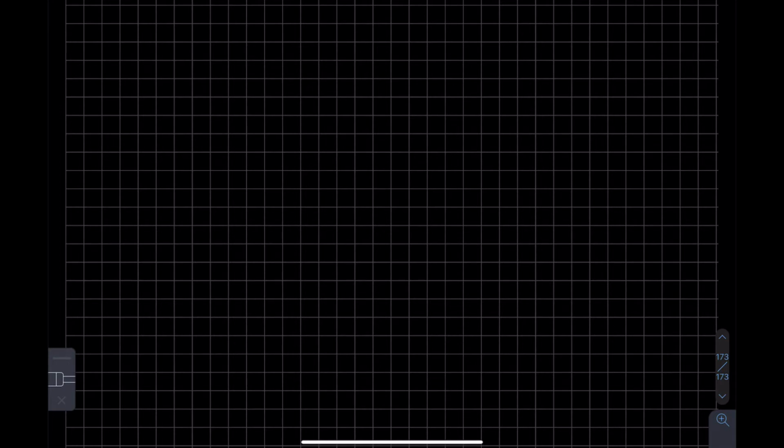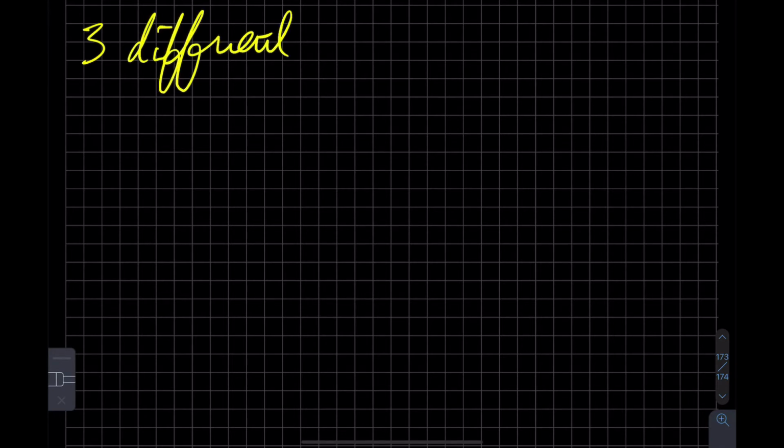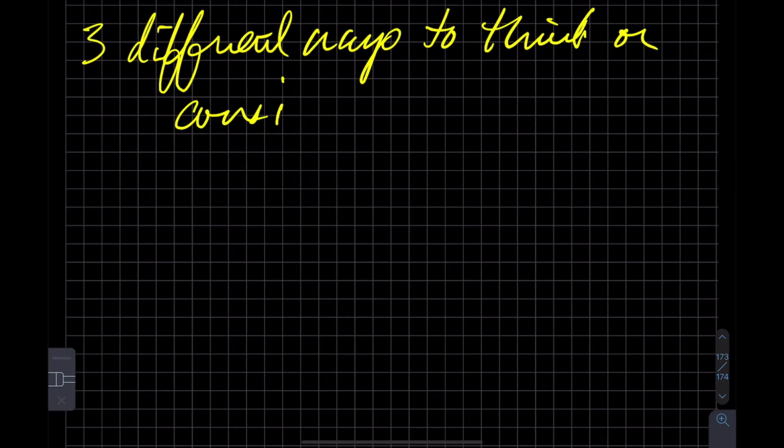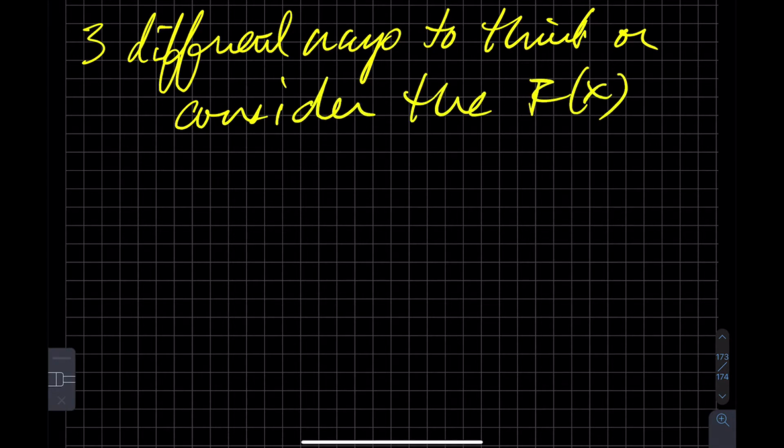But then we also have 3 different ways, I would say at least. I'm going to highlight these 3 different ways to think or consider the rational function. Okay, so I'm going to do the first way, which is by identifying these circumstances or rules.